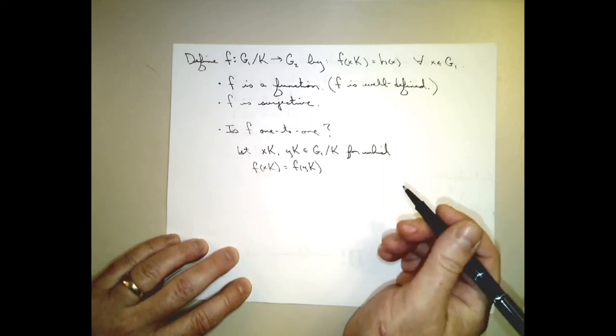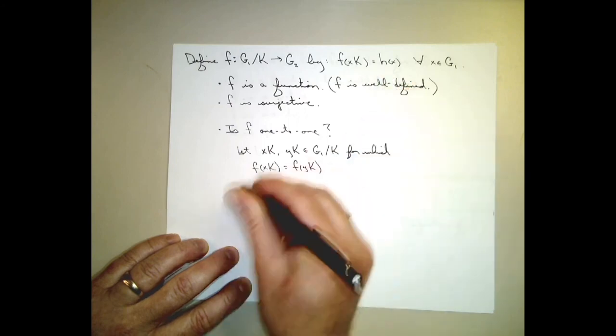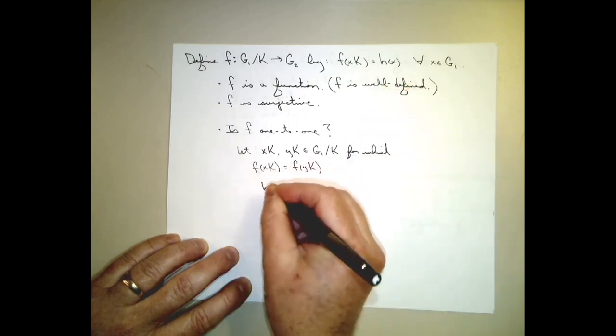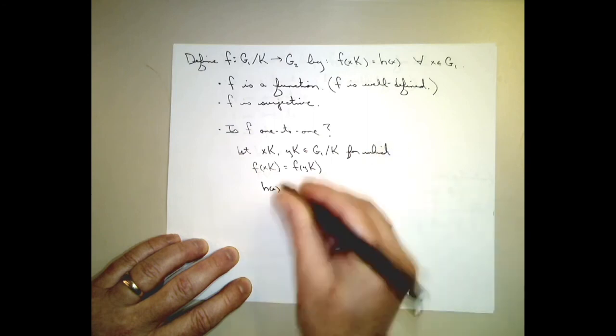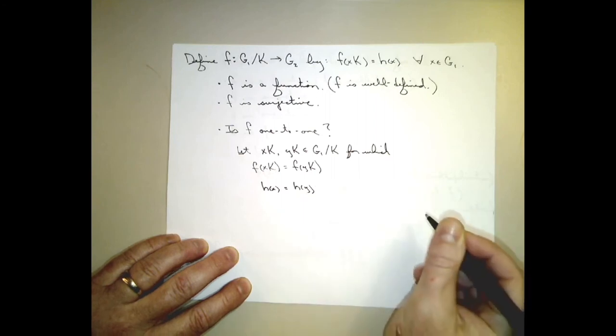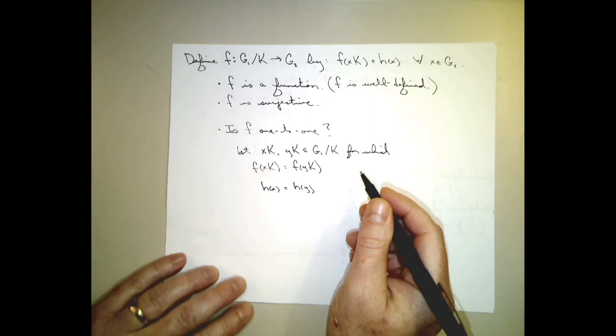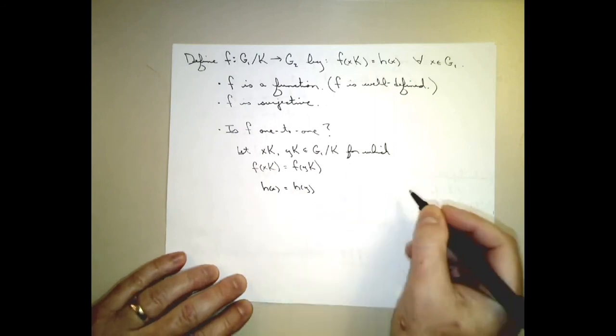Okay, well, by definition of our function, f of xK means h of x, and f of yK means h of y. And the temptation here is to say, oh, well, h of x is equal to h of y, therefore x equals y.